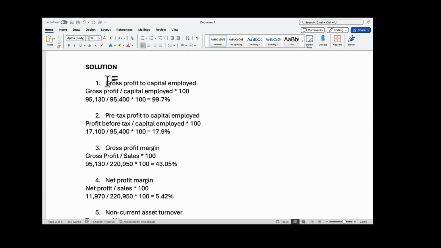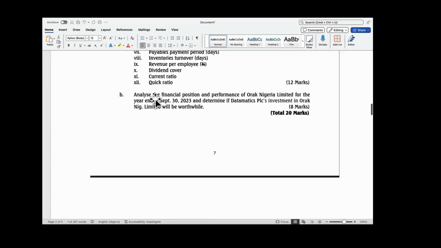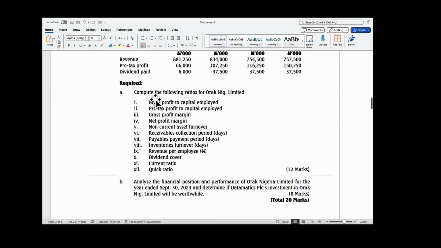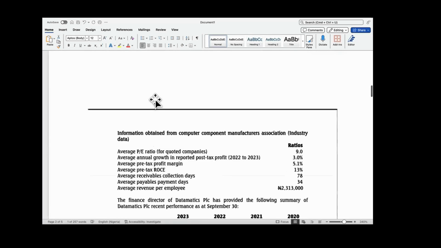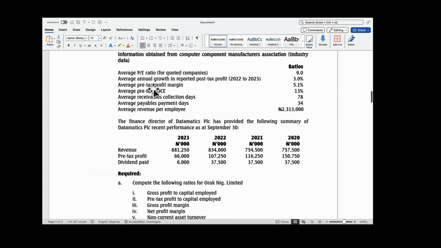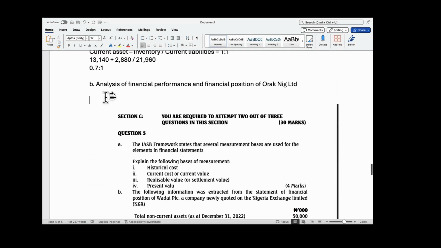I can conveniently talk about each of these ratios one after the other within a few minutes, and that will have covered my analysis and give me automatically all my marks. The ones they gave me the industry average for, I would simply compare with the industry average and make one or two comments on it. So let me show you how to do that in the exam.